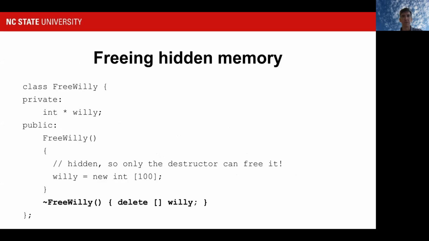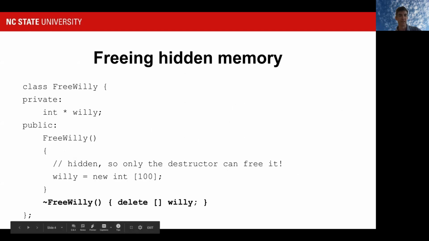Here's an example of freeing memory that's hidden behind an abstraction. Let's say that I have this class called Free Willy, and sorry, I just couldn't resist the reference to the 90s movie. That's probably before you guys were born, but anyway. Inside this class Free Willy, there's an array called willy that we allocate, and when we construct this object, we allocate an array of 100 integers.